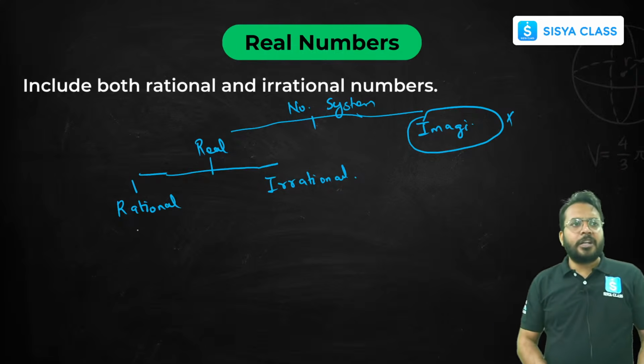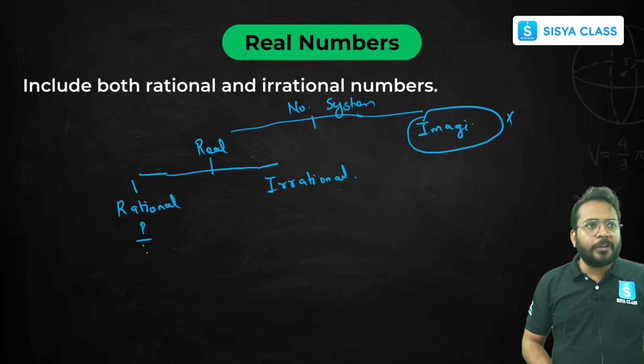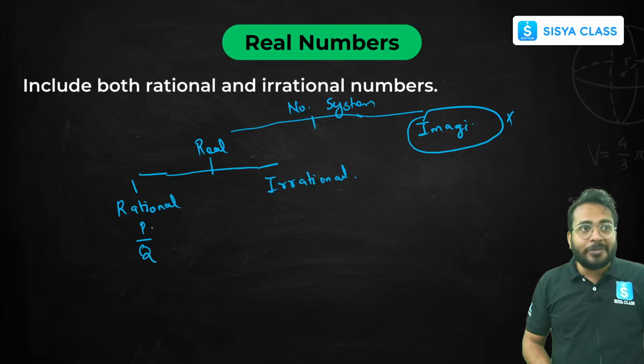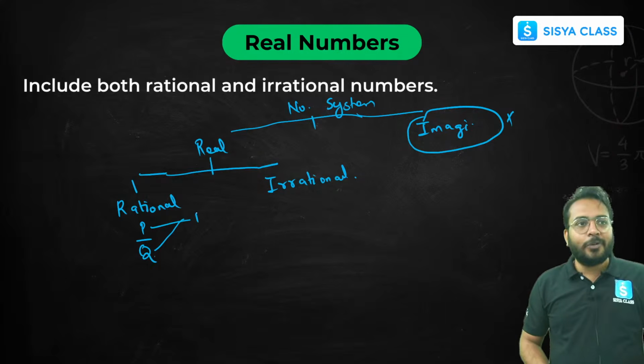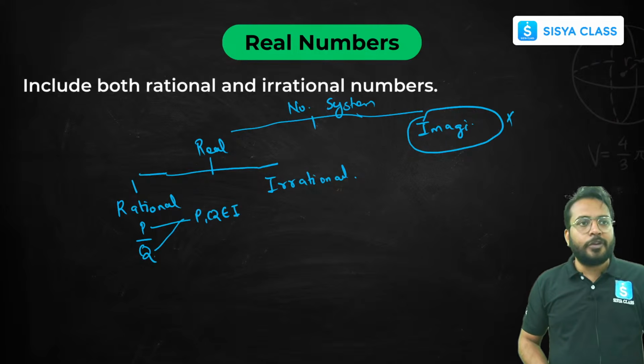Rational numbers are those numbers which can be written in the form of p by q, where p and q have to be integers and q should not be equal to 0. You might have learned these things in your lower grades also.